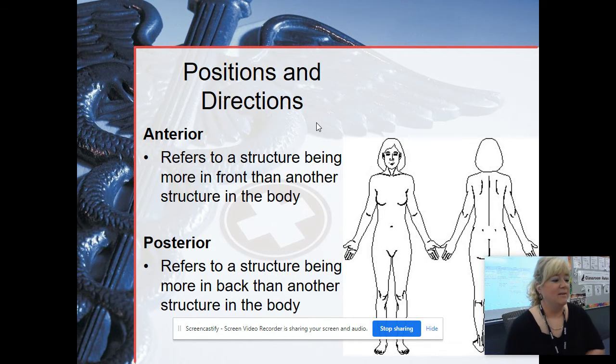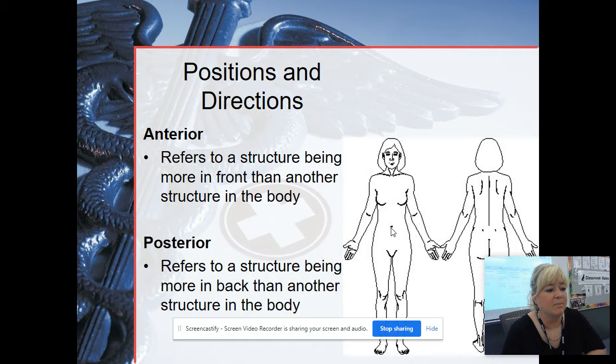Okay. As an example, we'll think of a structure. What is a structure that might be more anterior in the body? Maybe like the belly button. That's pretty anterior. So we could say the belly button or umbilicus is anterior to the intestines.